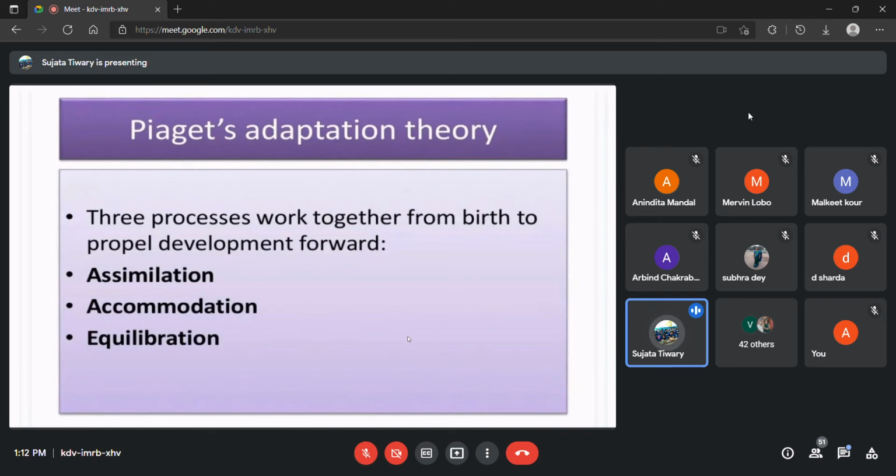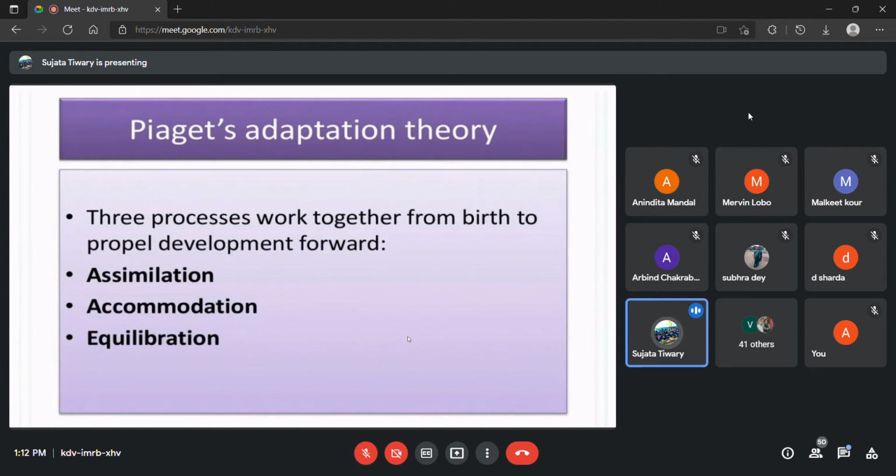We can understand this with an example: when a child sees a mammal, he calls it a fish. This is called assimilation, because this idea exists in his brain that this is a fish.